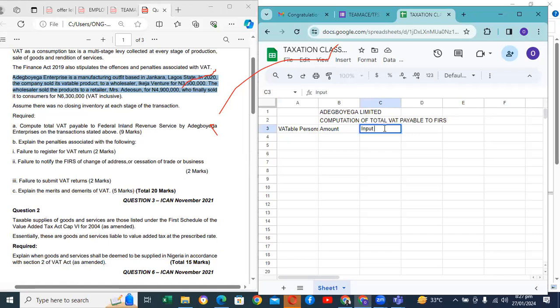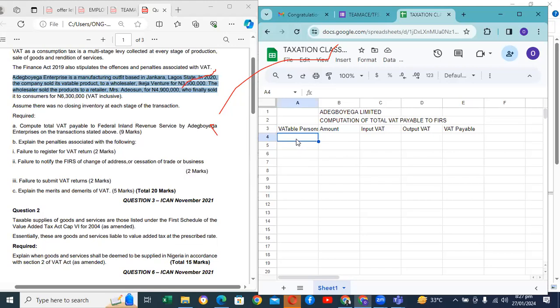We have the input VAT, we have output VAT, and we have the VAT payable. Can you please see my screen? Yes, sir. All right. So the first person is the manufacturer.